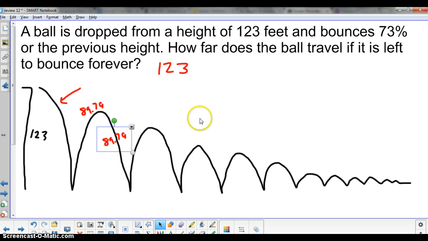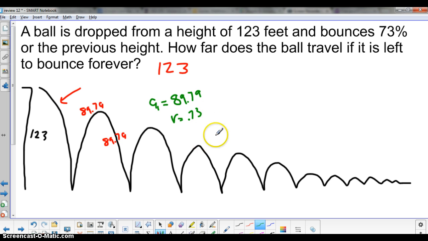And so we need to say we're going to sum this up now. A sub 1 is 89.79. Our R value is 0.73, and we need to do an infinite sum.